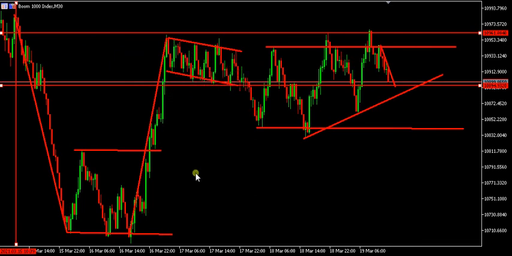People are saying, oh, this is the flag pattern, this is this, but people are confused. So this is an example of a flag pattern. This is a bullish flag pattern, okay, and this is a consolidation one here.